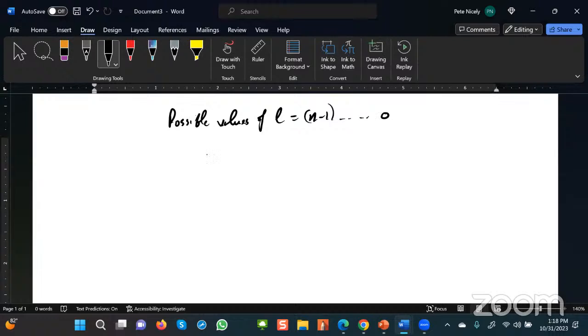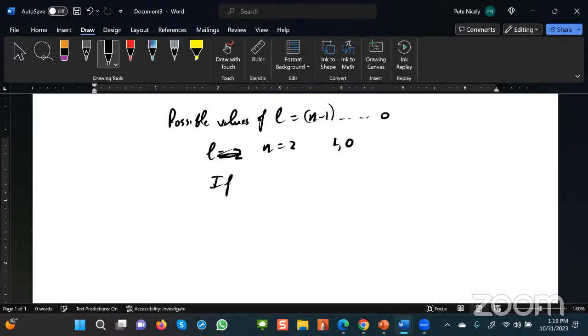So if n is equal to 2, as we said before, then the possible values of L would be 2 minus 1, which is 1, and then 0, right?